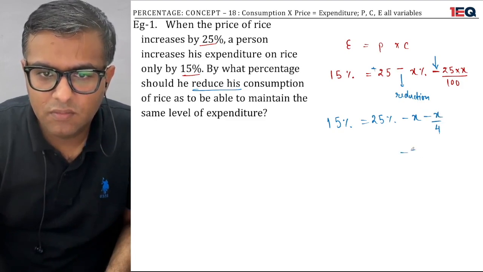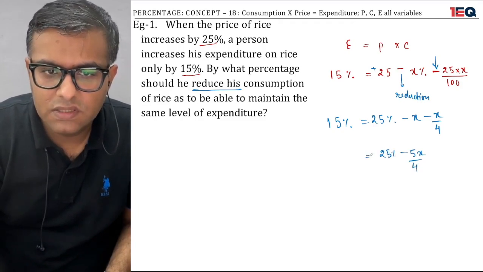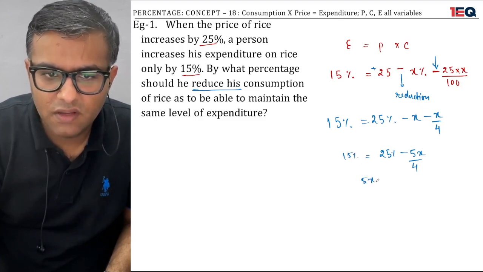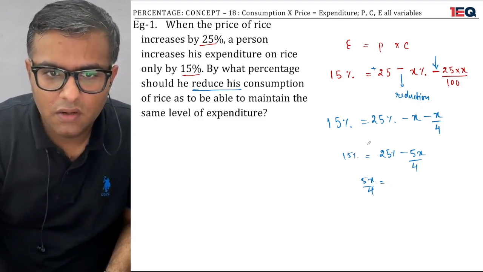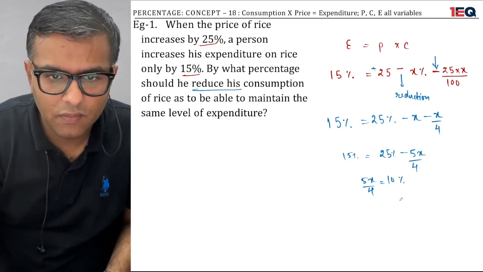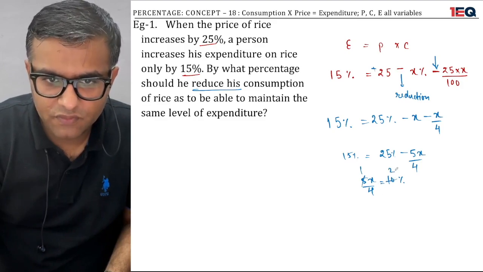This comes out to be minus 5X by 4 and 25% here. This is equal to 15%. This minus would come here, 5X upon 4, and 15 will come here. This would make us 10%. So 5 ones are 5, 5 twos are, 4 twos are 8.